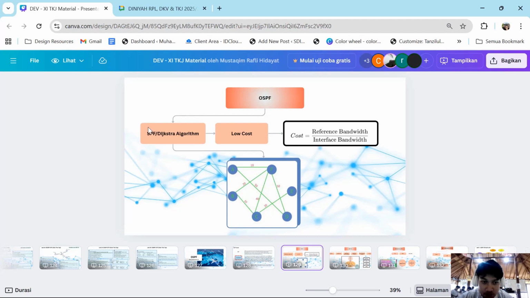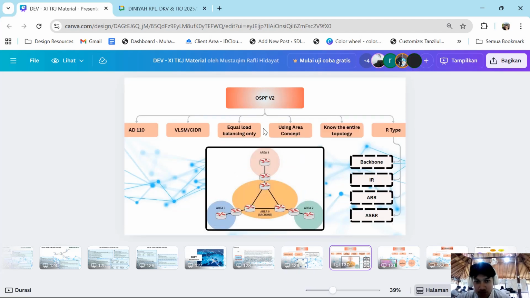SPF uses the Dijkstra algorithm, shortest path first, and low cost means the lowest jump, or the biggest bandwidth.